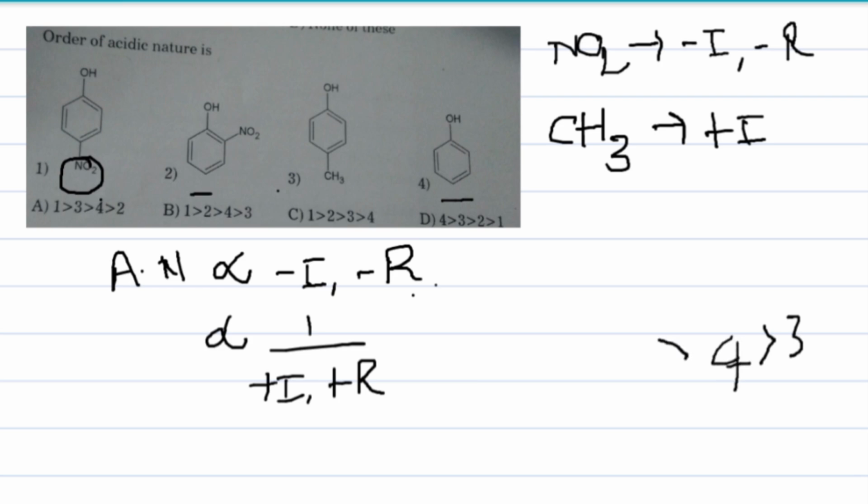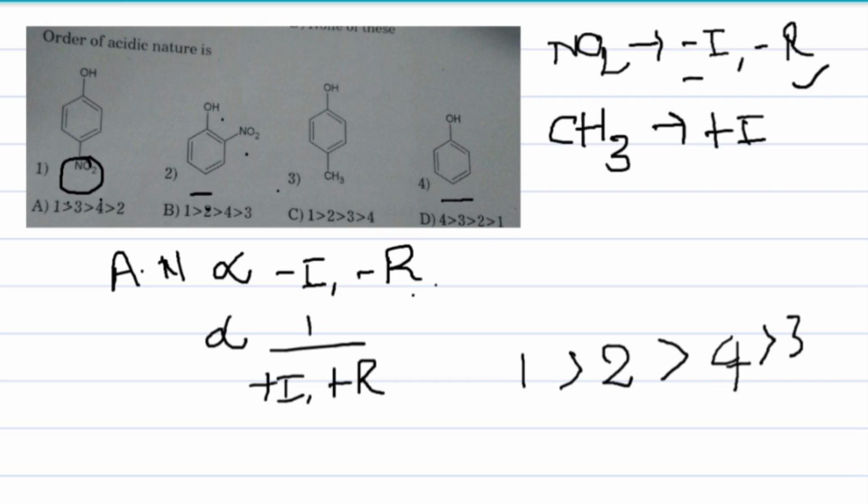And next one, in 1 and 2, NO2 groups are there. NO2 means -I and -R groups, and both effects will increase the acidic nature. But coming to which is more acidic between the first and second options: the first one is more acidic than the second one. Why? Because in the second one, the NO2 group is in the ortho position.